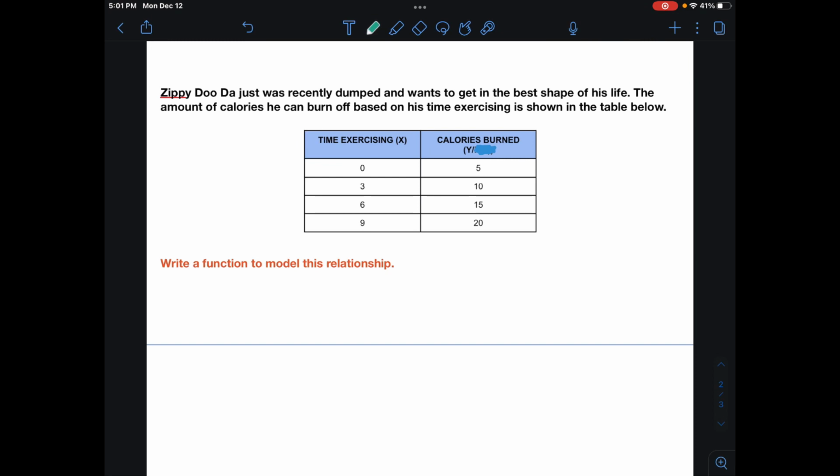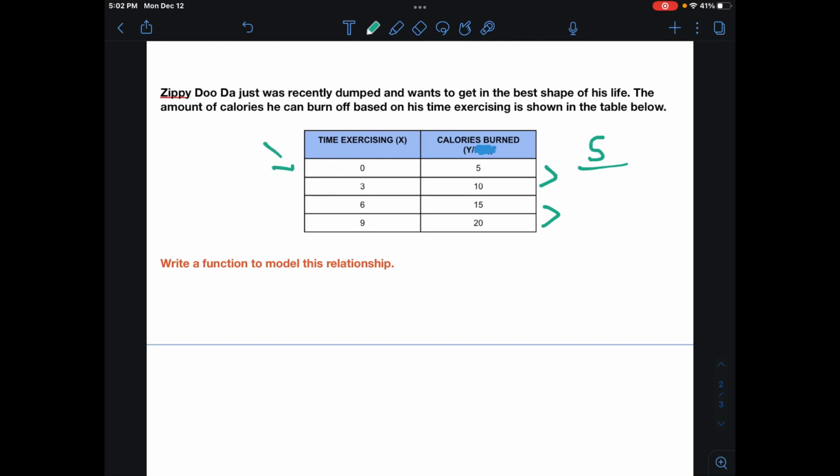All right. So our change should be constant in both the y value and the x value. So we're going to go ahead and check out the difference in these y values. So the difference between 10 and 5, 10 minus 5 gives us 5. So that's a change in y.